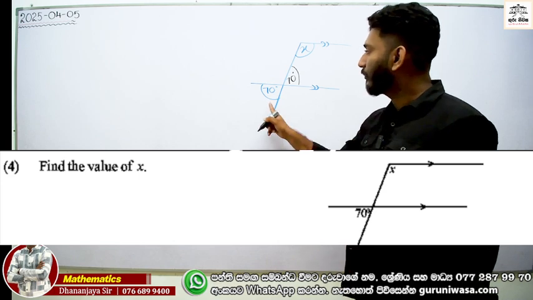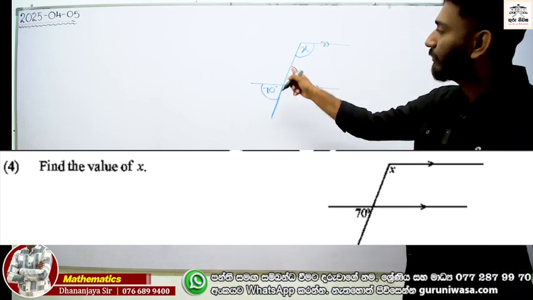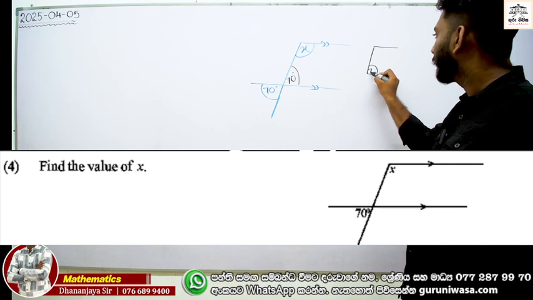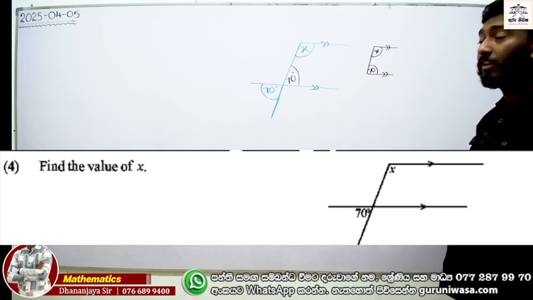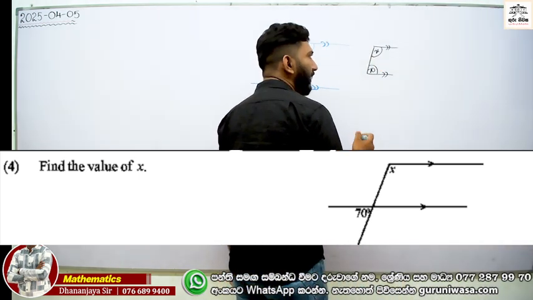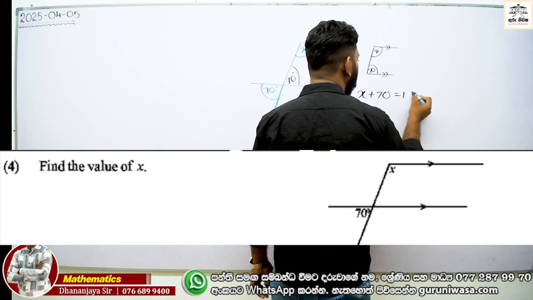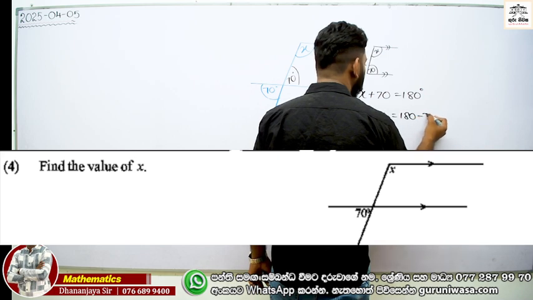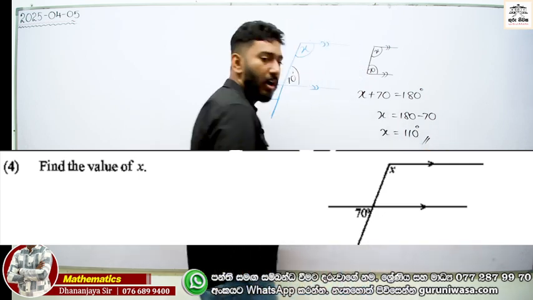And look at the symbol C. Here's a 70 and here's x, and if there are two parallel lines, the symbol C we call allied angles, then allied angles are supplementary, then x plus 70 becomes 180 degrees. Therefore x equals 180 minus 70, it becomes 110 degrees.